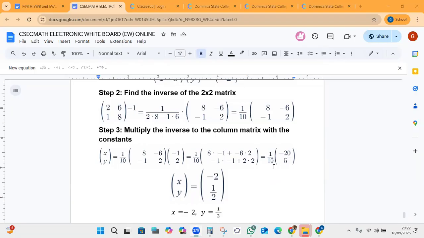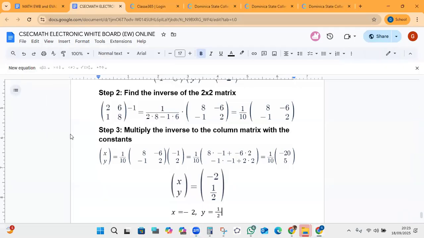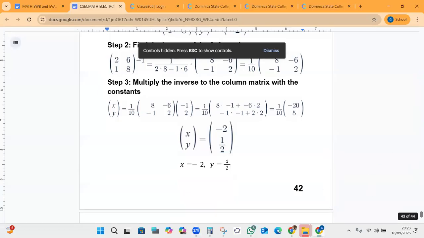Multiplying by 1/10 is like dividing by 10. You are not multiplying by 10, you are multiplying by 1/10. So -20 divided by 10 is -2, and 5 divided by 10 is 1/2. So x is equal to -2 and y is equal to a half. And here you have it, an example of how to solve simultaneous linear equations using matrices.